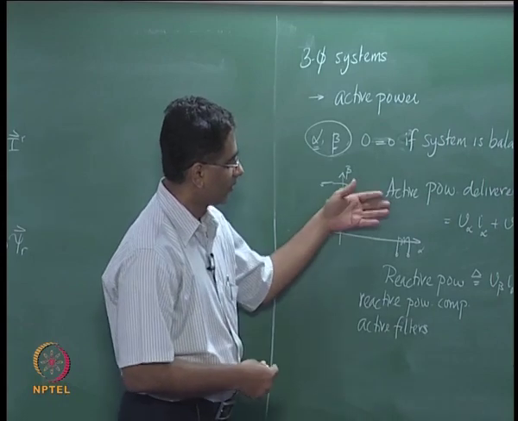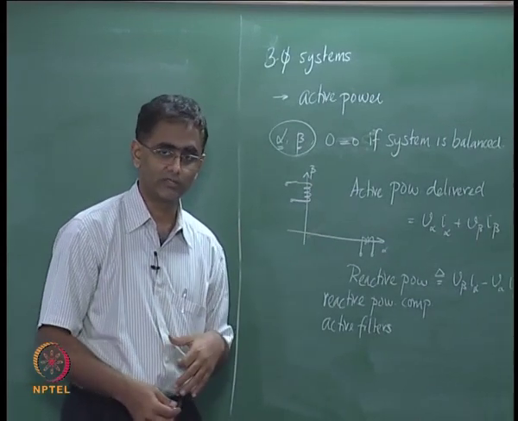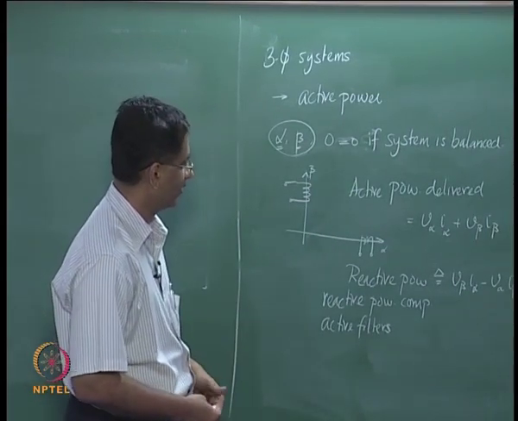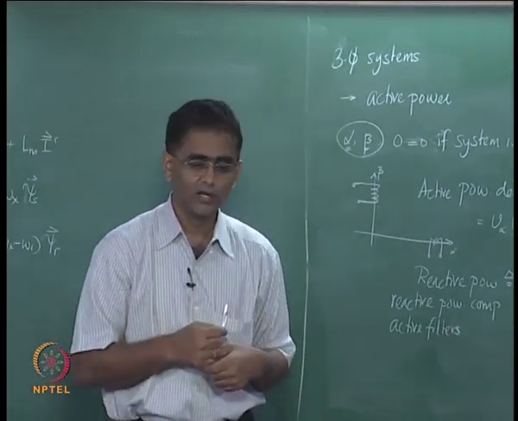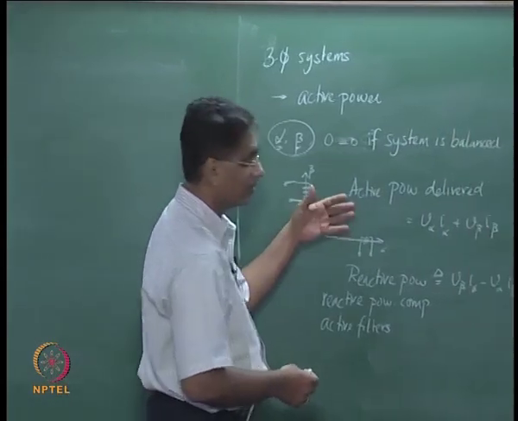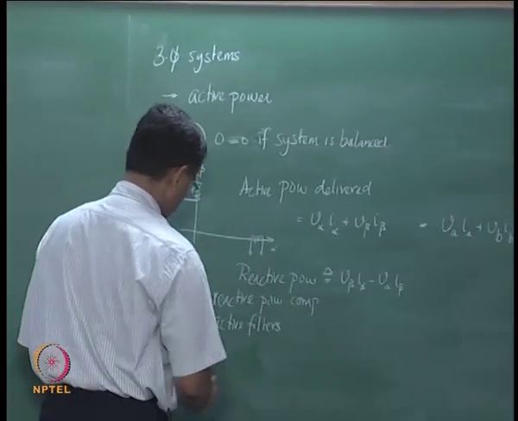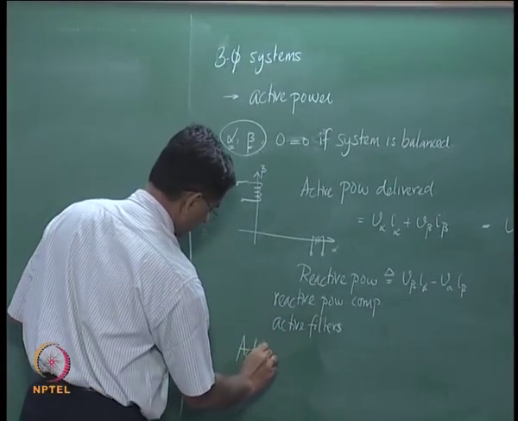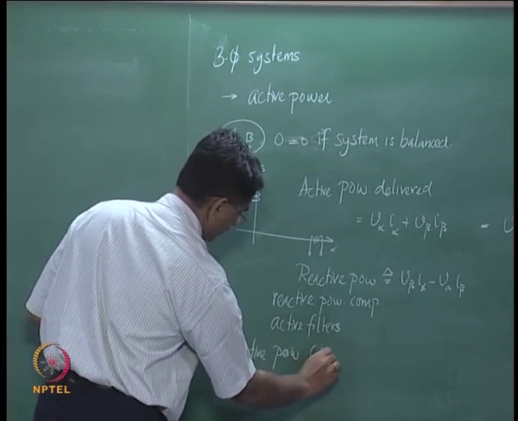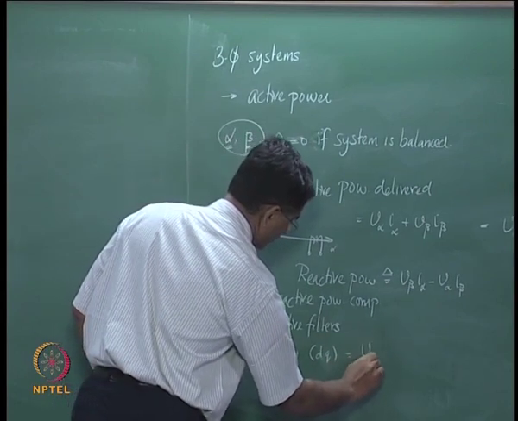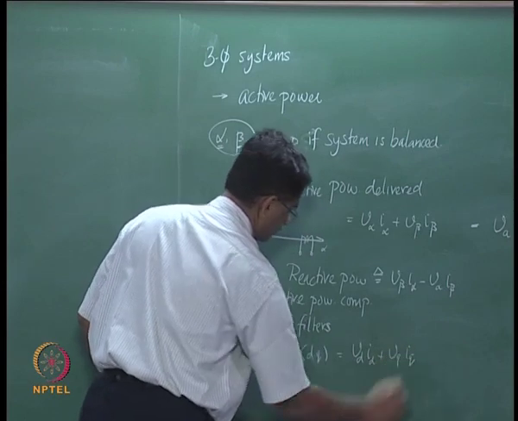Going further, what can also be done is you can transform these variables to the synchronous reference frame, which is the DQ reference frame, and there again instead of the alpha beta axis you have D and Q axis, and therefore the active power delivered in the DQ frame is then equal to Vd into Id plus Vq into Iq.